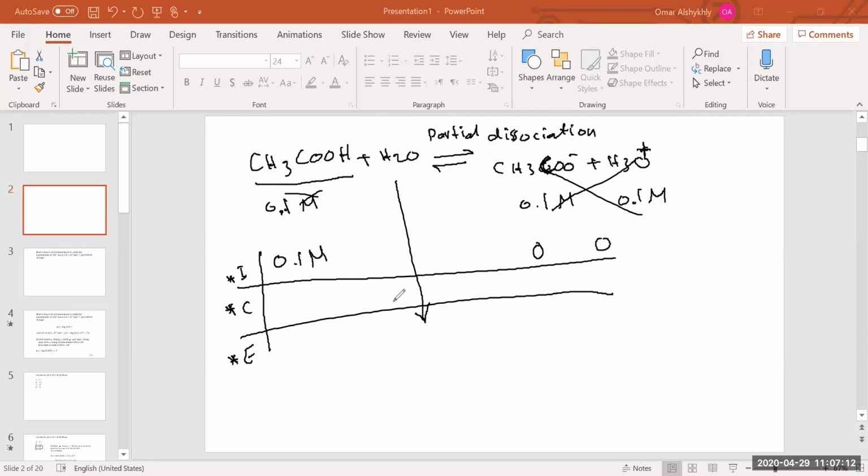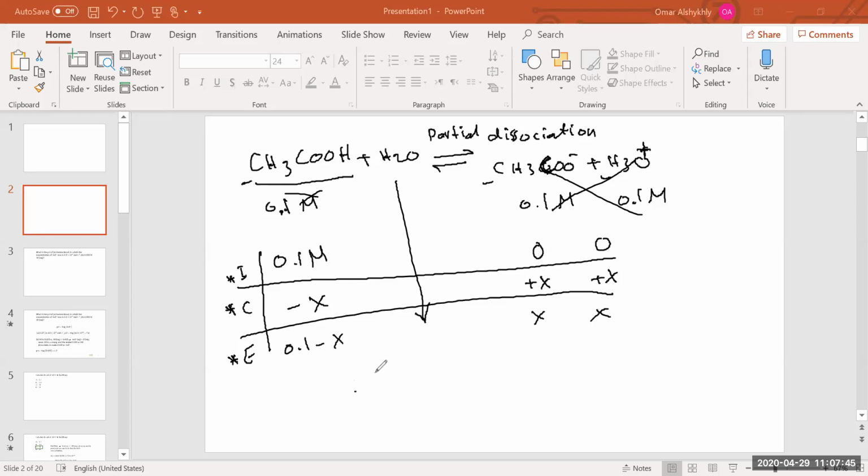And the change here, reacting, minus x. It's the same thing we learned for the ICE table with equilibrium reactions in the previous chapter. Here it will be positive x, here positive x. Don't forget the coefficient number for each of them. So the change will be x. And at equilibrium here, 0.1 minus x, here x and x.